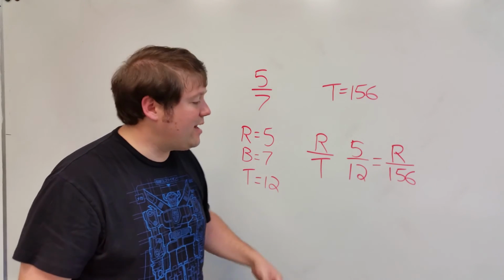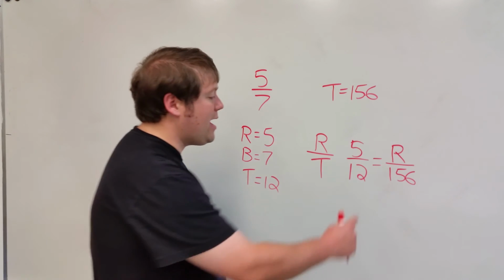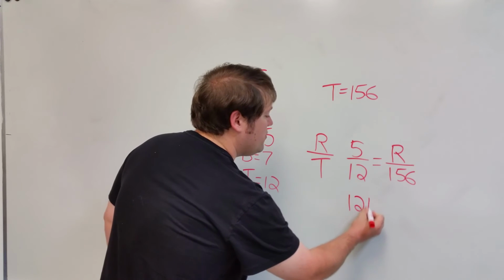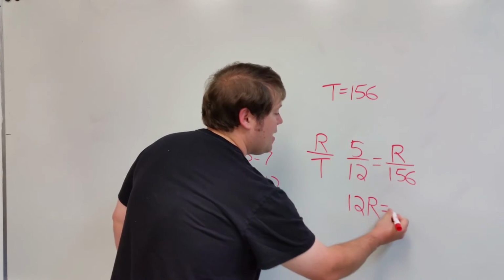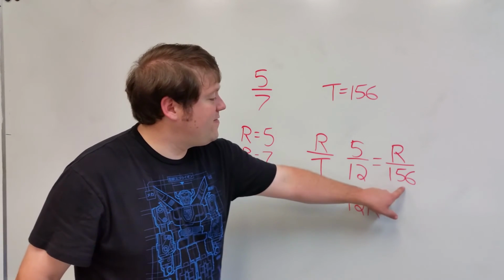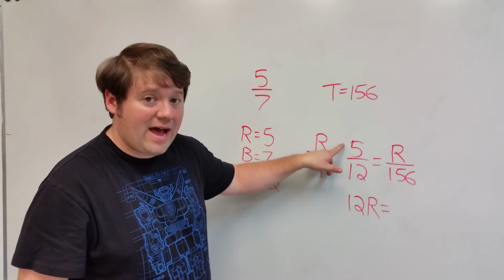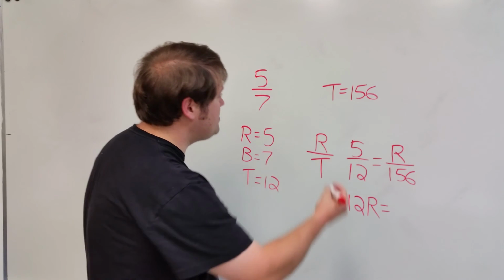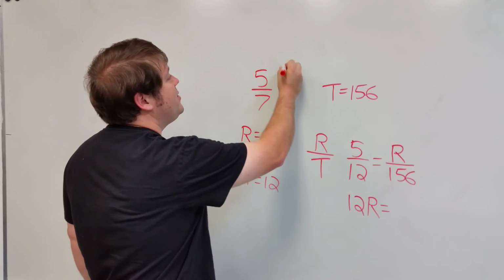And since I want to find R, I cross multiply. I do 12 times R and get 12R. I also need to do 156 times 5. And since I don't know my 156 times tables, I'm going to multiply that very quickly.